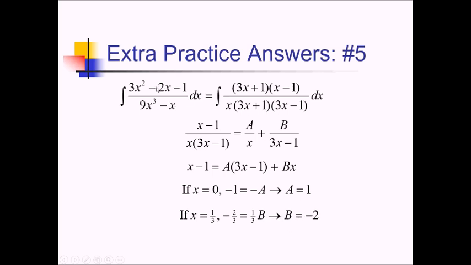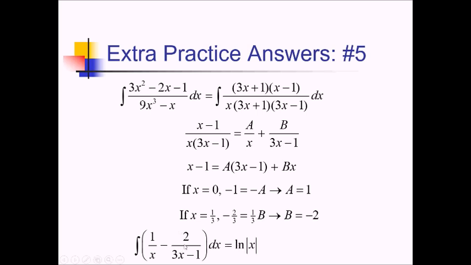Now I can split up this integrand here into what we have here. So I'm going to have my A value of 1 over x, and then I'm going to have my B value of negative 2 over 3x minus 1. So I'm going to do minus 2 over that stuff. Now using my ln antiderivative, I can write this first term antiderivative as ln of absolute value of x.